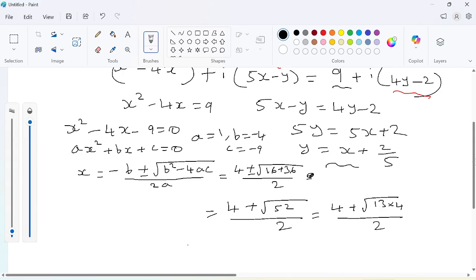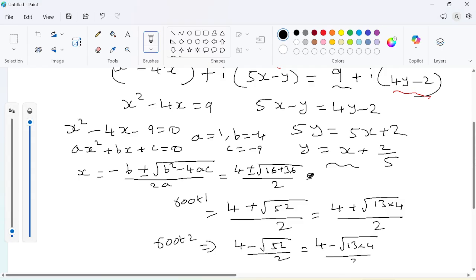This is one root. Plus or minus, I'll get 2 roots. This is root 1. Root 2 is 4 minus root 52 by 2, which is 4 minus root 13 into 4 by 2. If I take 4 outside the square root, it will be 4 plus 2 root 13 by 2, and here 4 minus 2 root 13 by 2.